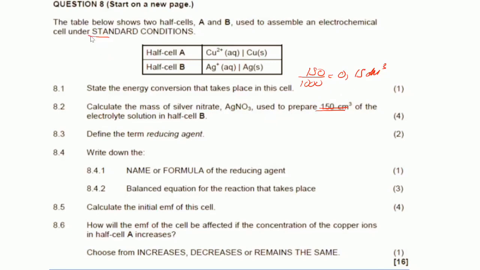But remember, this cell operates under standard conditions. One of the standard conditions that we know is that we need a concentration of the electrolyte to be 1 mol per dm³, right? So that means we already have the concentration, we already have the volume, we are looking for the mass. What formula can we make use of here? It is definitely this one, the infamous one, the notorious one. C is equal to m over MV. Our concentration is 1, and then M here, what is the molar mass of all this?